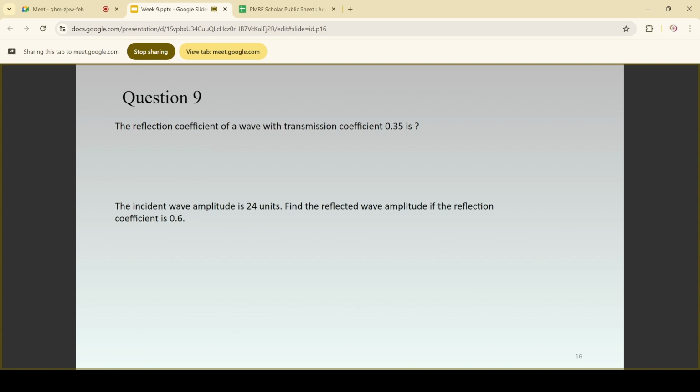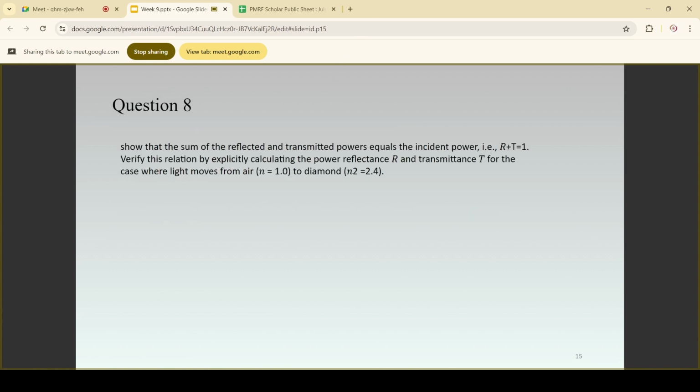The reflection coefficient is this. We have seen the E0R square was... so we have seen that the reflection coefficient is this, right? This is the reflection coefficient.